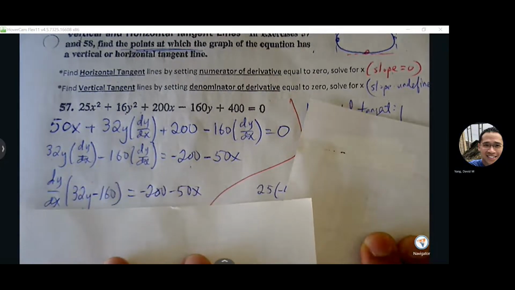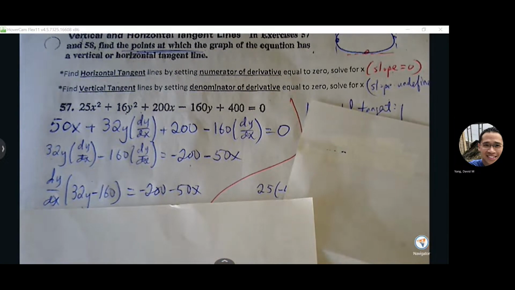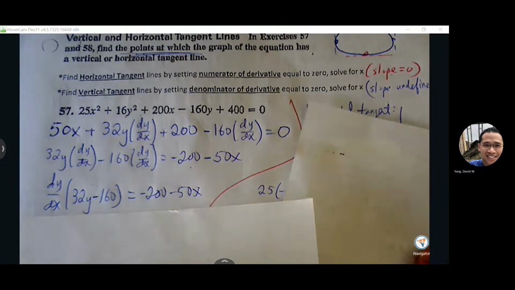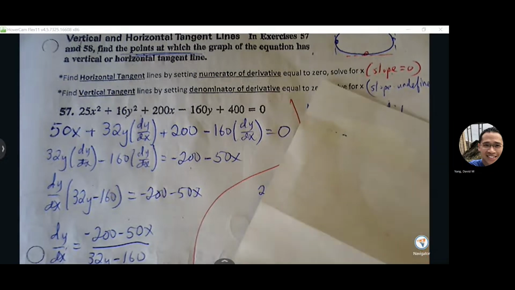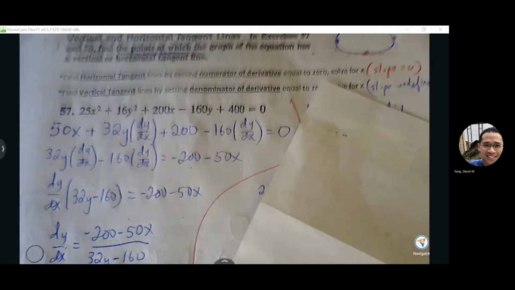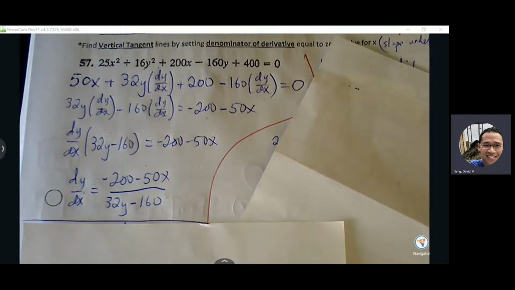So factor dy/dx, and then we can move that set of parentheses over to the right side and get that derivative by itself. All right, so there's my dy/dx. That's my slope formula.